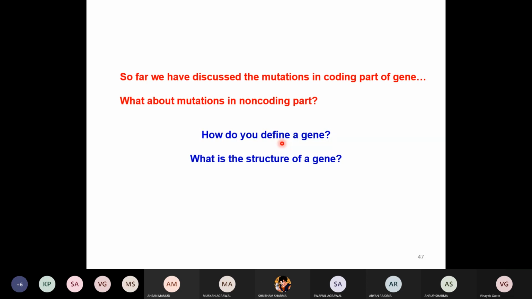I can give an analogy of our body. Our body has nose, hands, ears, eyes. Every part has a different function, and they work in a very coordinated fashion. Similarly, the structure of a gene is there. Different parts are there, and each part has its own unique function.